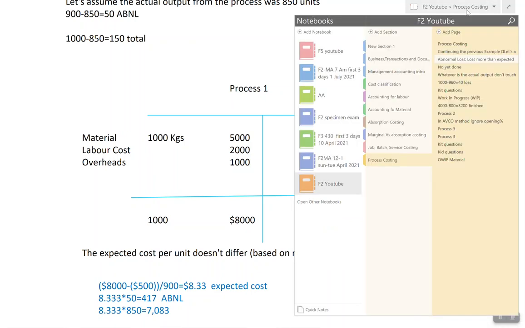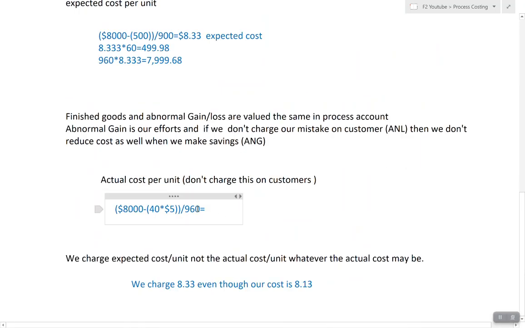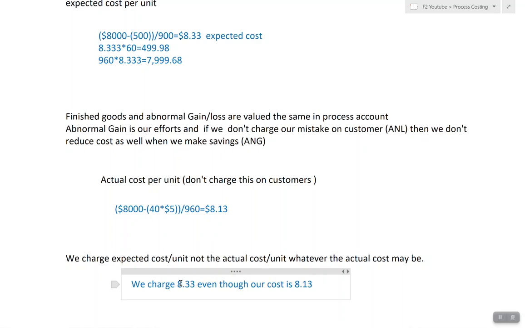So abnormal loss is added to the normal loss, abnormal gain is deducted from the normal loss. So our cost of the product, because we have 40 actual loss at 5 divided by 960, is 8.13. Now we don't charge 8.13, we will charge the same 8.33 because when there is abnormal loss, we don't charge it on the customer. Same way, we don't reduce cost when we have abnormal gain.